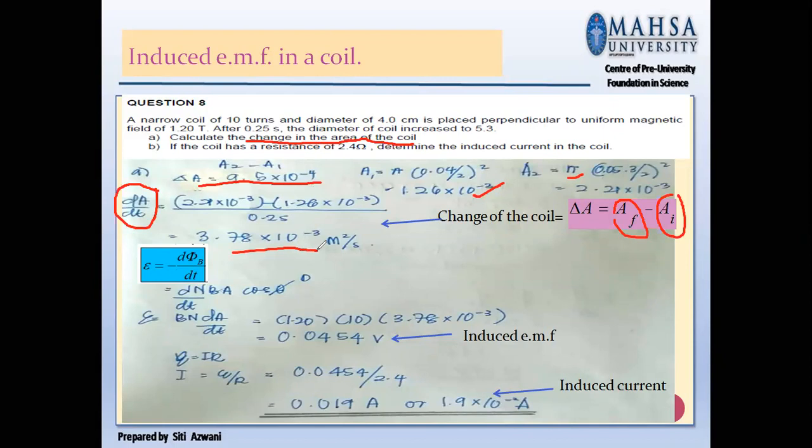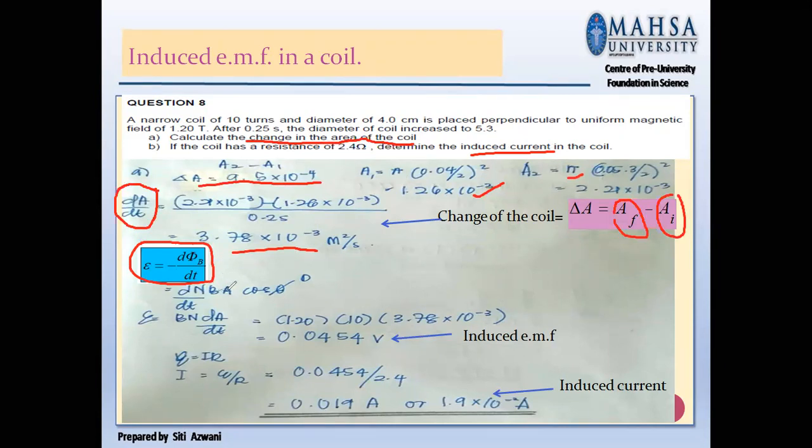Next you want to calculate the induced current. But before that, you need to first calculate the induced EMF by applying Faraday's law, the rate of change of the magnetic flux, E equal to dΦ over dt.